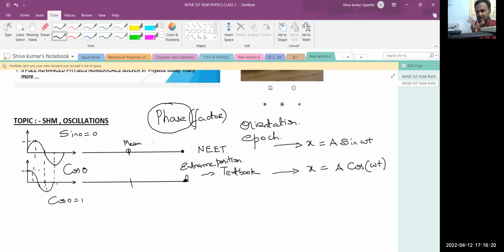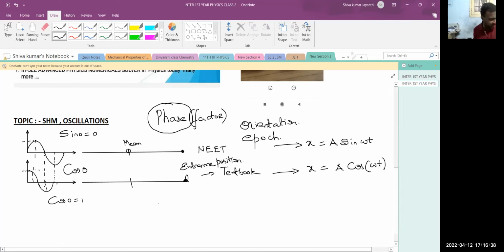When this comes back here, this would have gone here. So they will always maintain a distance of a. That amplitude distance which it is maintaining in terms of phase, we call it as phi, the phase difference, which is also called as epoch.